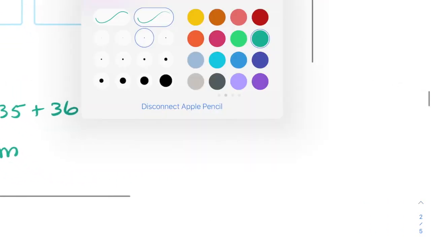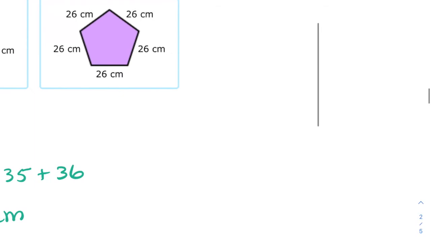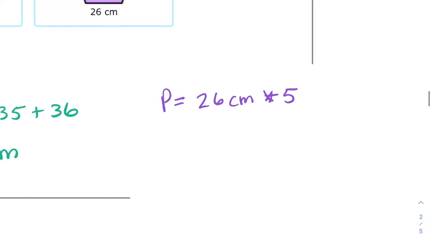Okay. The one on the right, because they're all the same thing, I can say perimeter equals 26 centimeters times 5. I don't actually have to add each one of those together because they're all the same thing. So 26 times 5 is 130 centimeters.